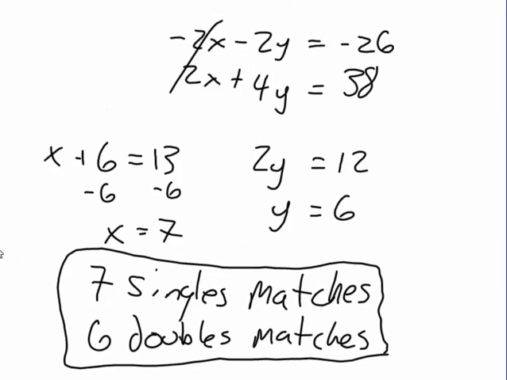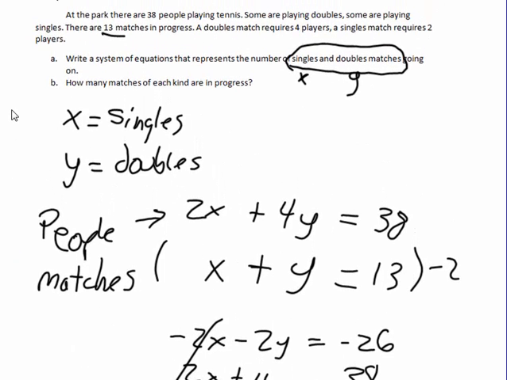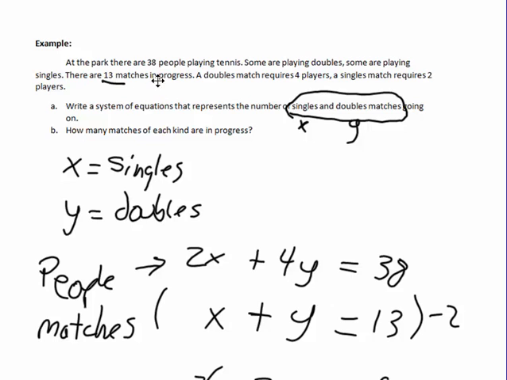Now again, I just want to reiterate the big idea. Define your variables first. Once you define your variables, then you want to define your equations. And it's easy to pick out what the equations are if you look at your totals. Look, it says 38 people and 13 matches.